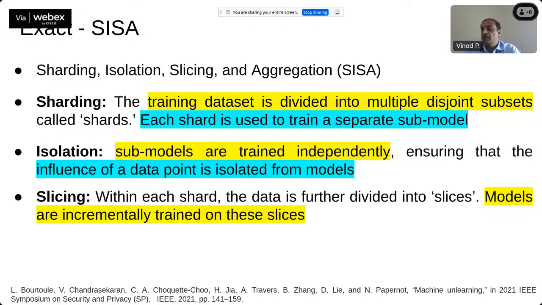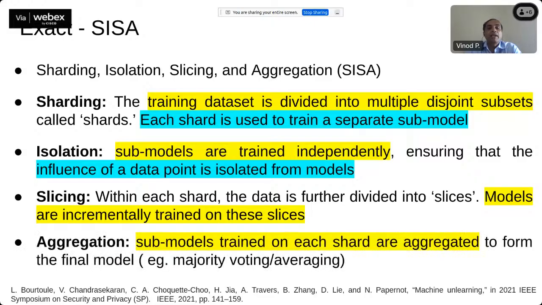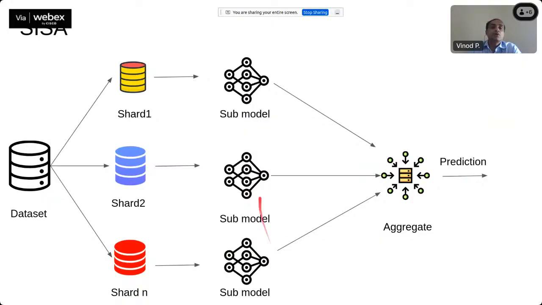Slicing means to further divide the shards into a smaller number of subsets. Finally, aggregation: the outputs of each model are aggregated through techniques called majority voting or averaging. This can be understood diagrammatically through the next slide, where we start with the data set.